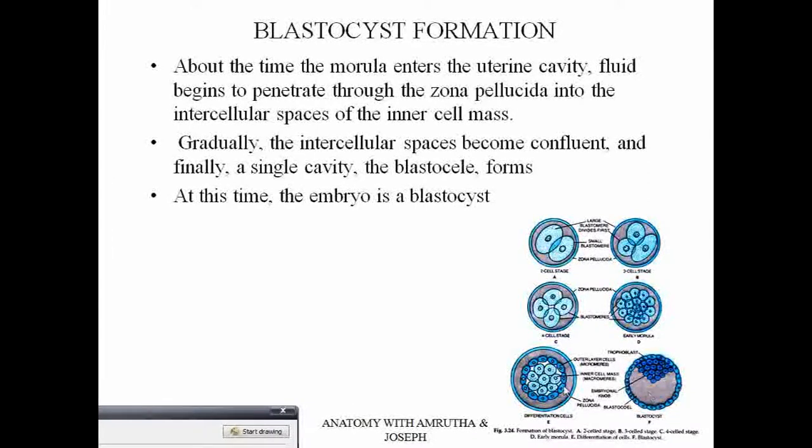Slowly these spaces become confluent into a single cavity, and finally this cavity is called blastocele. At this stage the embryo is called blastocyst, and this cavity is the blastocele.